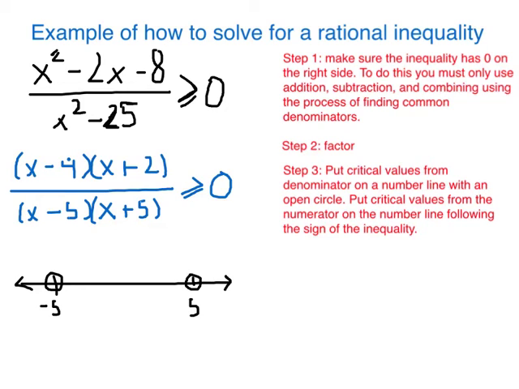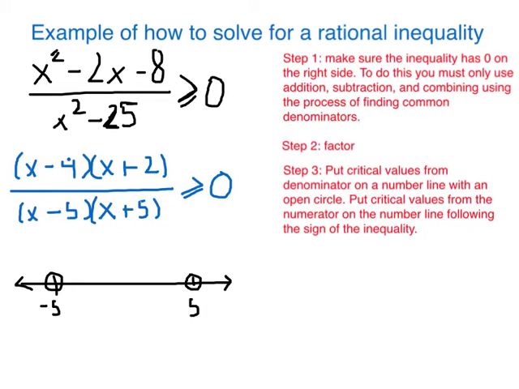I like to do circles on this because we don't know which direction the graph's going, so with parentheses you wouldn't know, so that's why I use open circles and closed circles. Alright, so the denominator will always be open. Then we are going to put the critical numbers, meaning where the numerator will equal 0. So in this case 4 and negative 2.